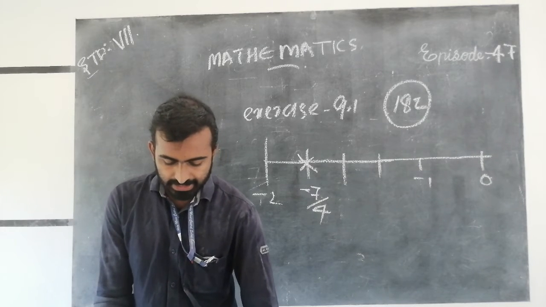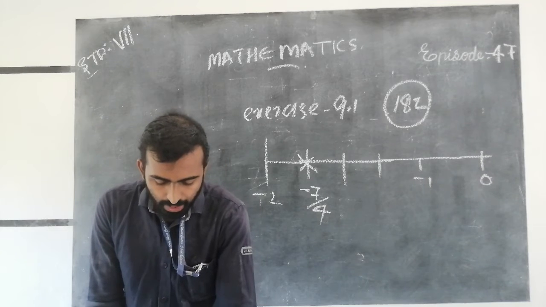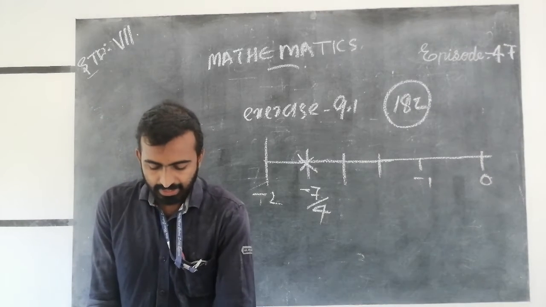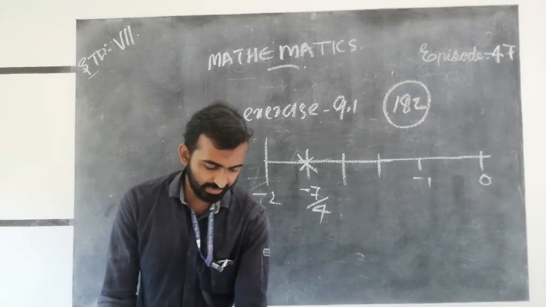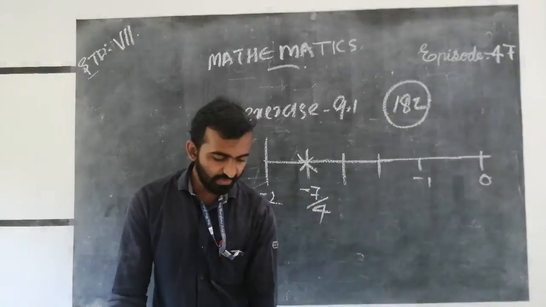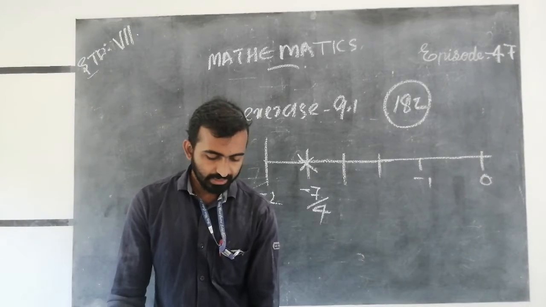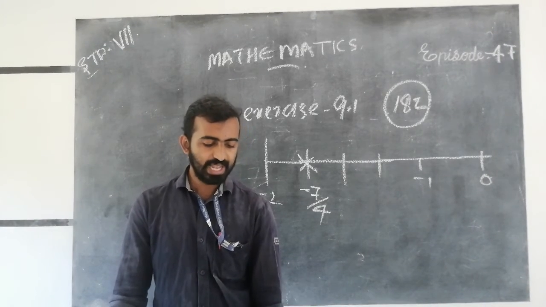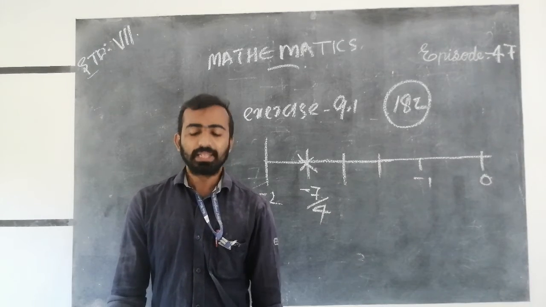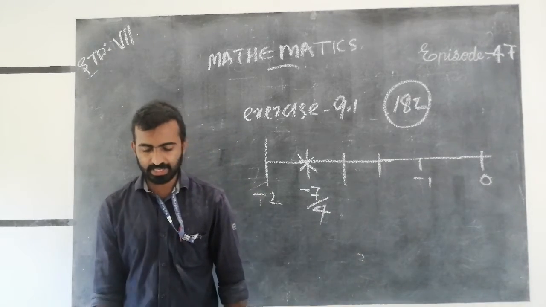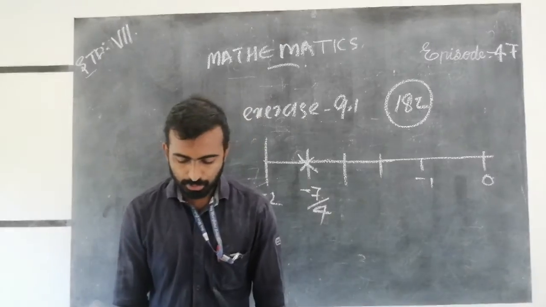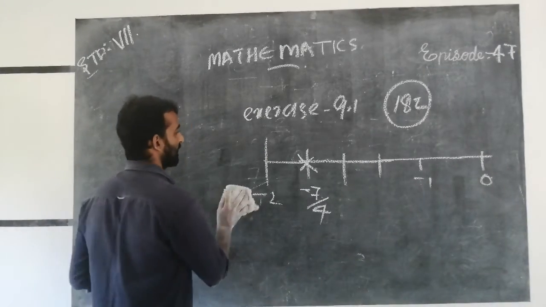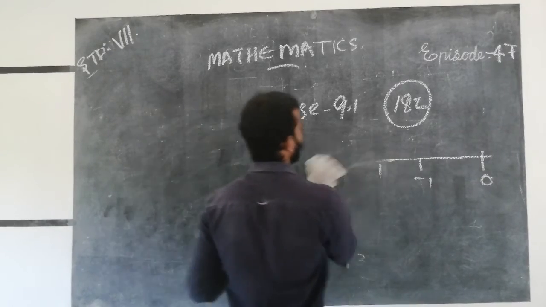Name the rational numbers represented by P, Q, R, S. Which way do we find it? What is the answer? The rational number P is represented by 2 and 1 by 3. That is for representation of your rational number line.